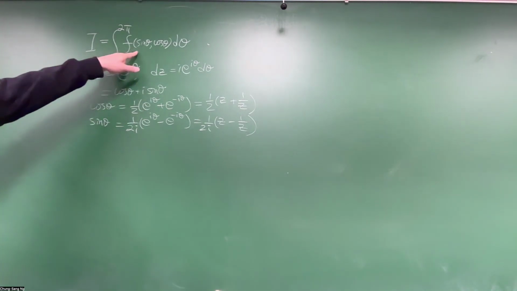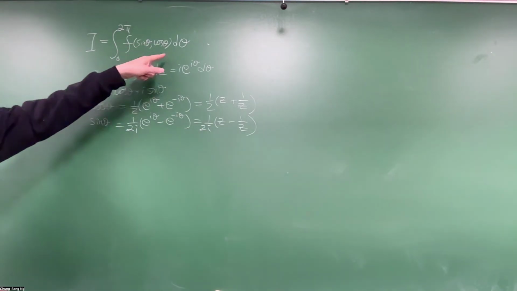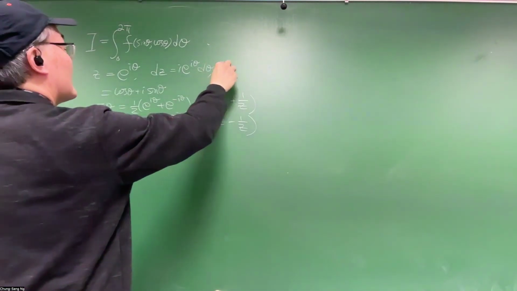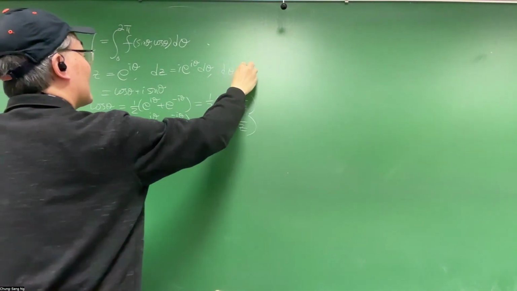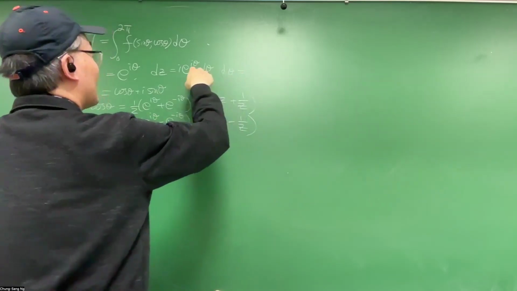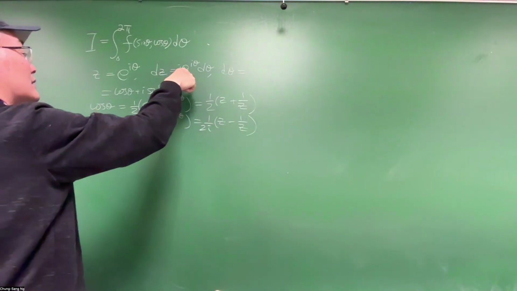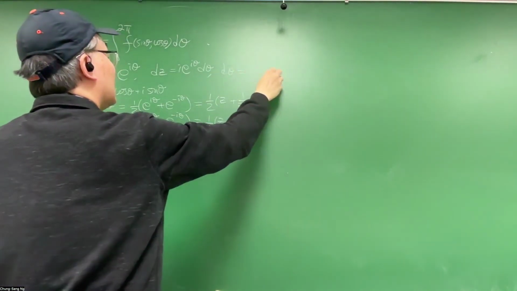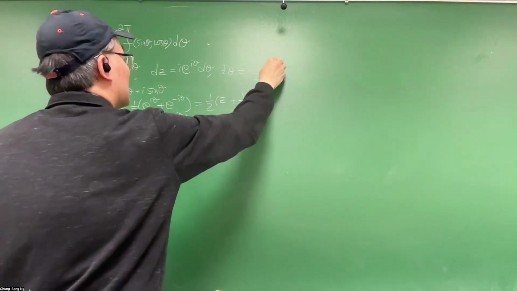So now you have everything. Cosine, sine go into the argument of the function. Then d theta is solved for: one more step is here. Because you want it in z, d theta is dz divided by i e to the i theta, which is minus i divided by z dz.